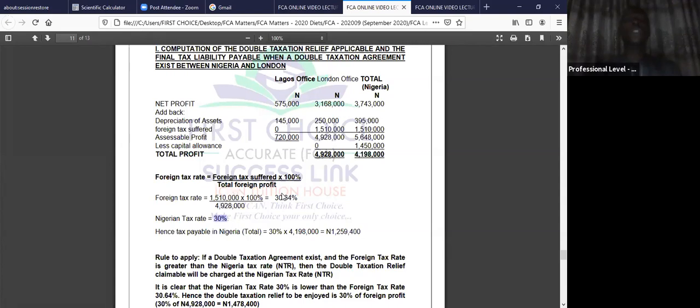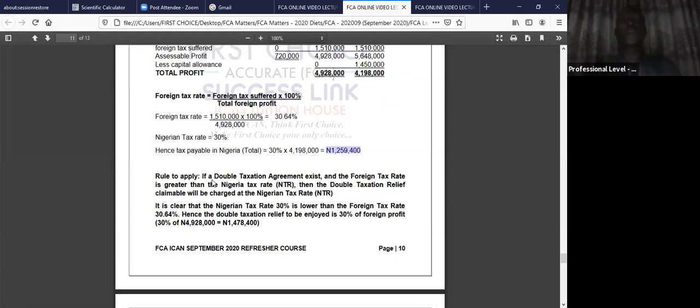And so the relief. Now look at what they are supposed to pay in Nigeria. They're supposed to pay 30% of this figure in Nigeria as their tax rate. So that's what we did here. This is what we are supposed to pay in Nigeria. But now the rule to apply is this.